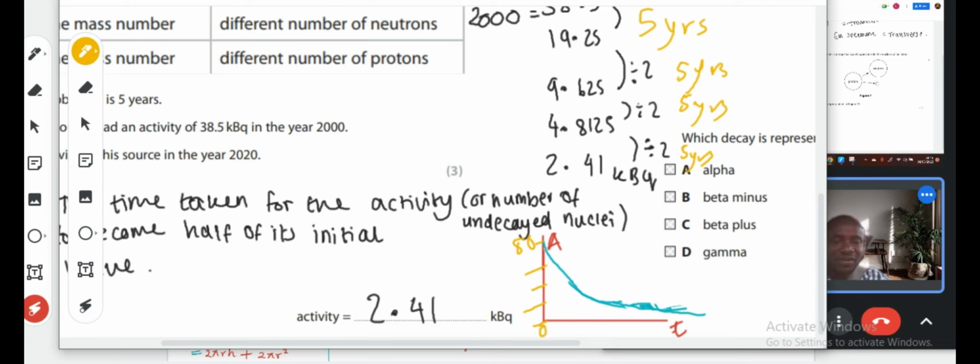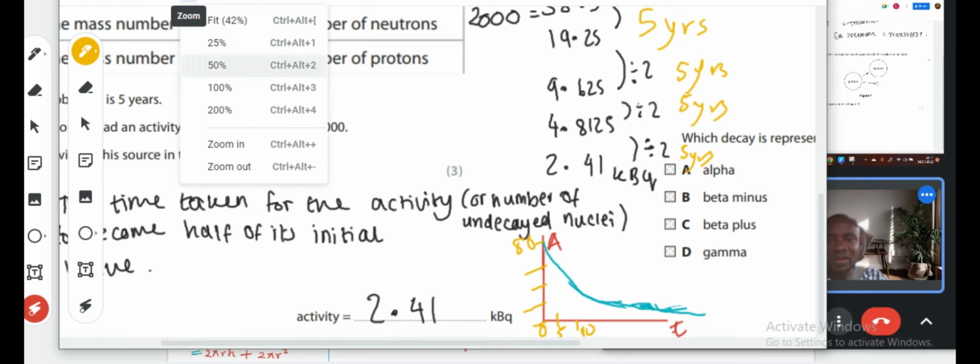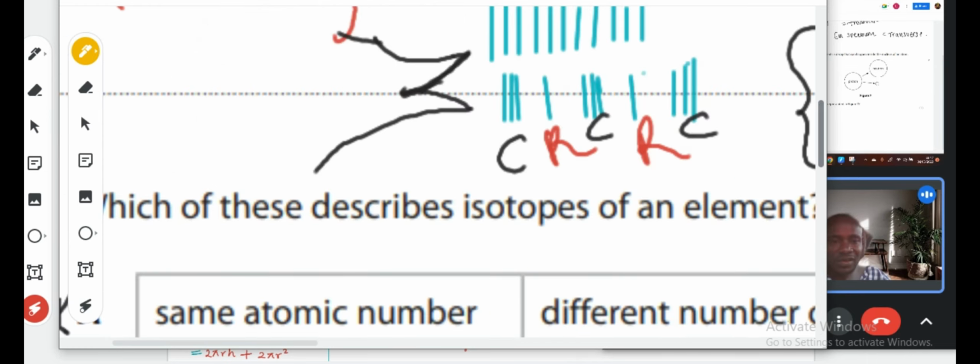At time 0. So assuming this is 5, this is 10. Just a moment, let me write this for you. I think I need to zoom this out properly so I can capture this properly.